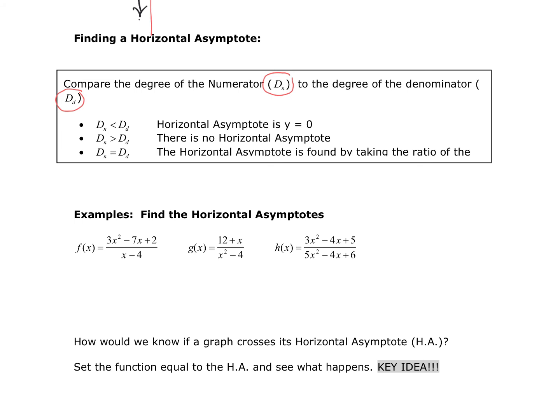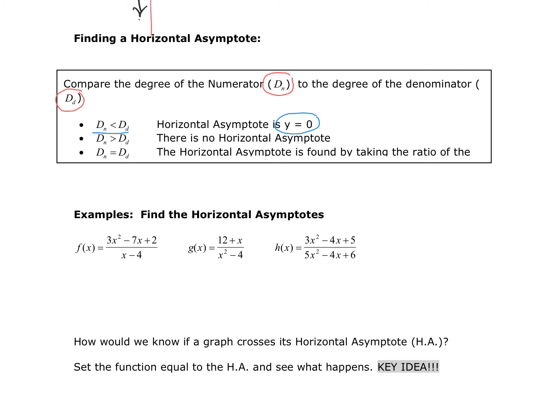So what we need to do is compare the degree of the numerator and the degree of the denominator. If the degree of the numerator is smaller than the degree of the denominator, then the horizontal asymptote is at y equals 0.